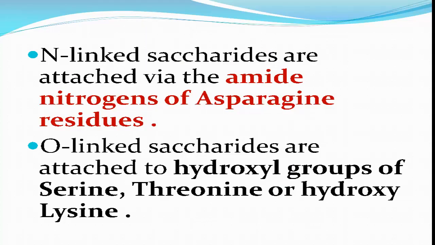The glycoproteins can be divided according to the glycosidic bond that is attaching the protein and carbohydrate into N-linked glycoside and O-linked glycoside. In case of N-linked glycoside, the glycosidic bond is with the asparagine amino acid of the protein, and with O-linked it is the OH group of serine or threonine. But this part again you can remember. If you don't remember, then it's okay.